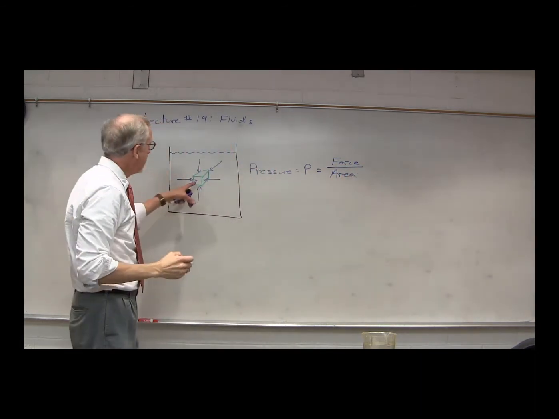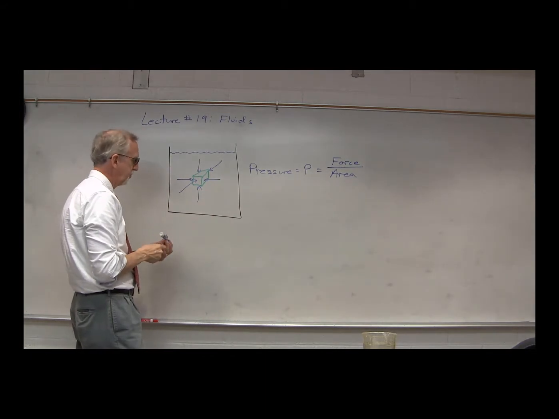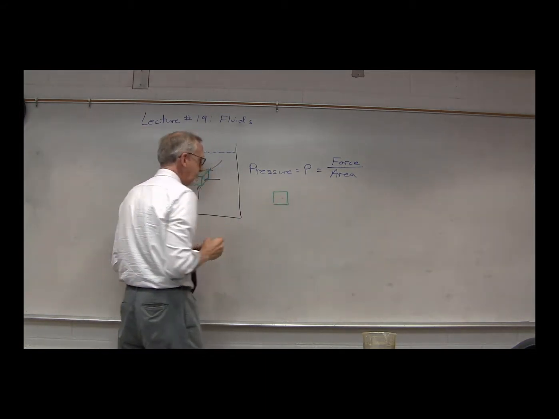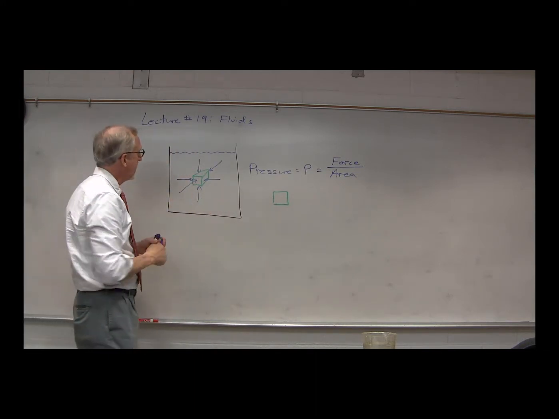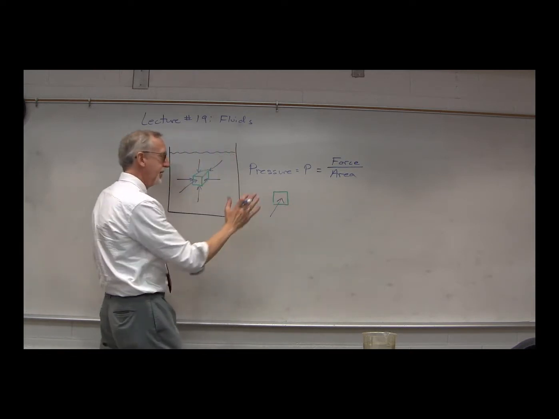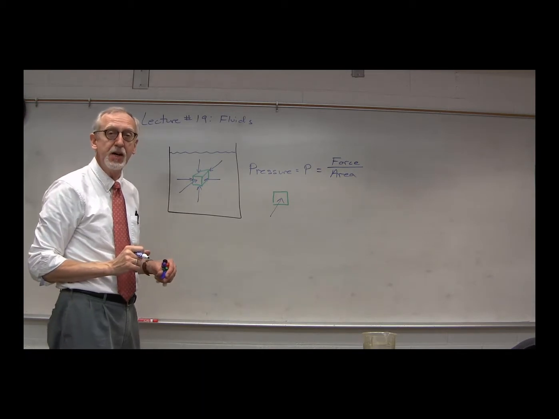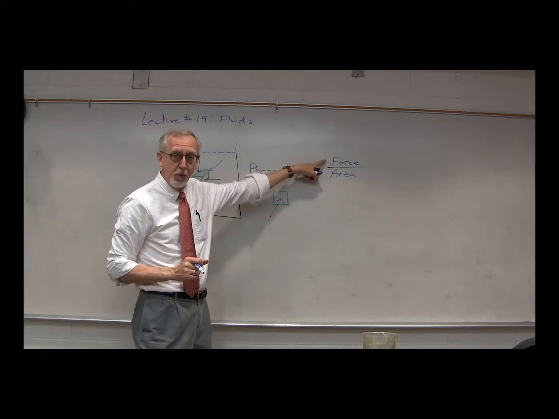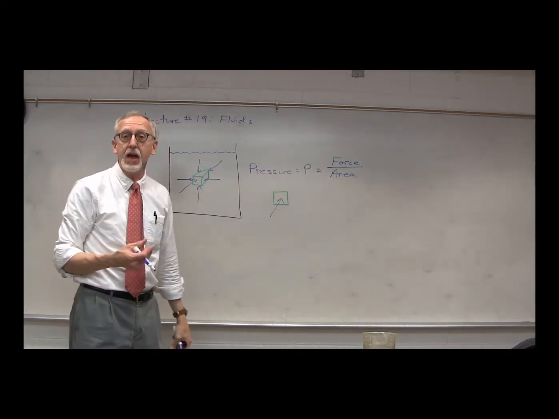So let's imagine we take, say, one section of this object. So let's say here's the front face of the object. And we look at what force the fluid is exerting on this front face. So how much force is that fluid pushing on the face? The pressure will be whatever that force is acting over that area divided by the area.